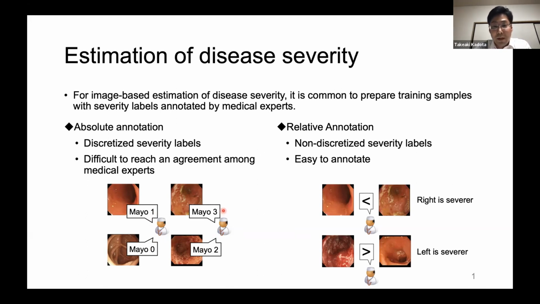A promising alternative annotation approach is relative annotation. Relative annotation compares two images for their severity and attaches relative labels that indicate the comparison result. Relative labels are not discretized severity labels and are easier to annotate.